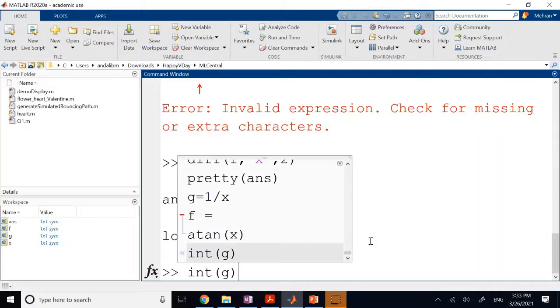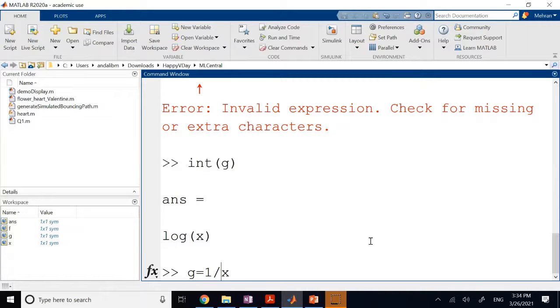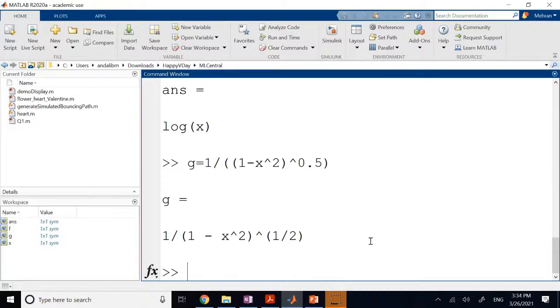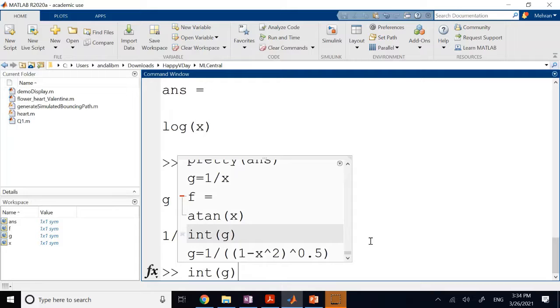So now let's do another one. G equals what? 1 over the square root of 1 minus x squared. What is this one? So it's 1 over square root 1 minus x squared. What is the integral of this guy?